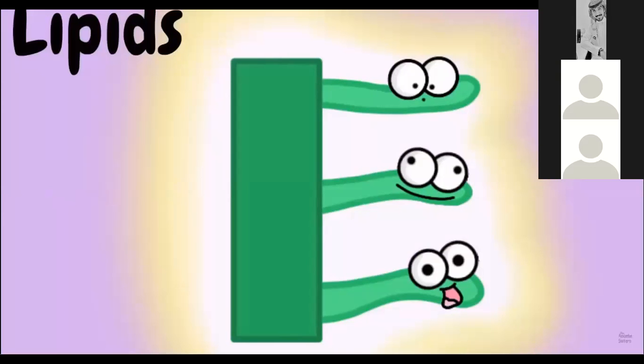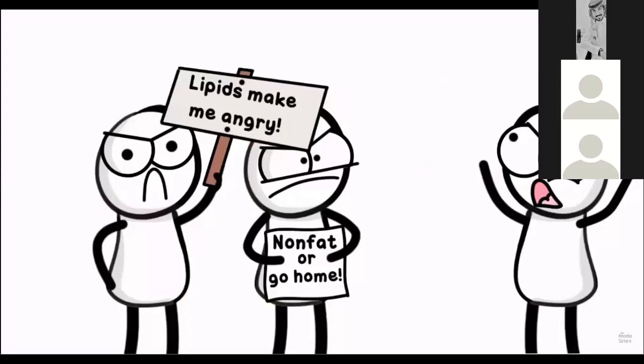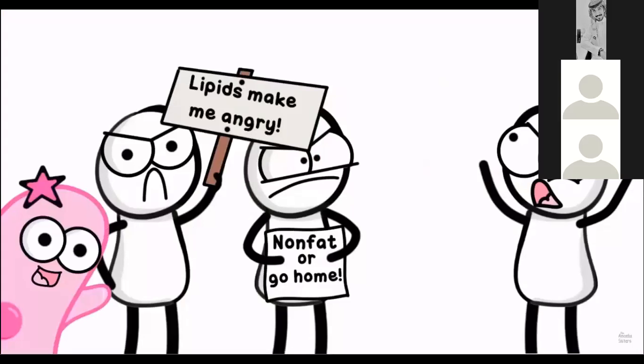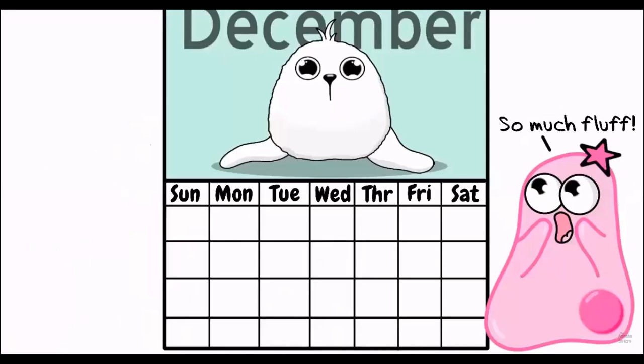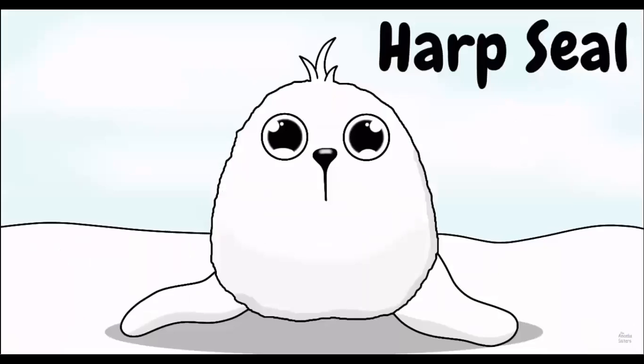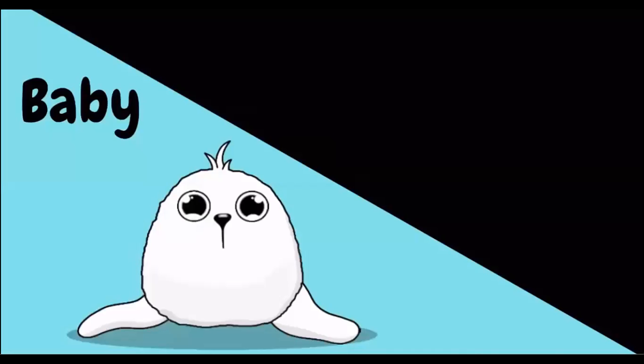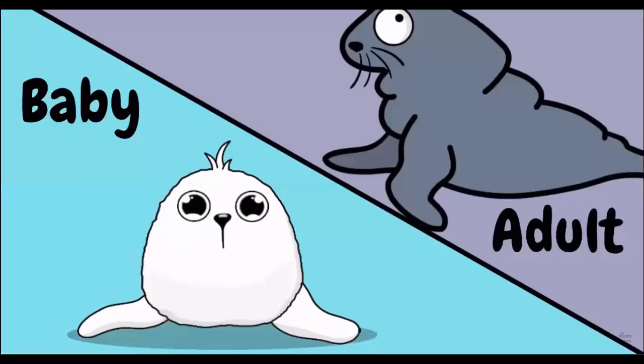You might think, well, that's fat. How good can fat be? Well, it just depends when you put it into context. For example, you know those really adorable seals that you see on calendars? They have this fluffy white hair. They're actually called harp seals. Well, they only look like that when they're babies. When they get older, they're not quite as cute.